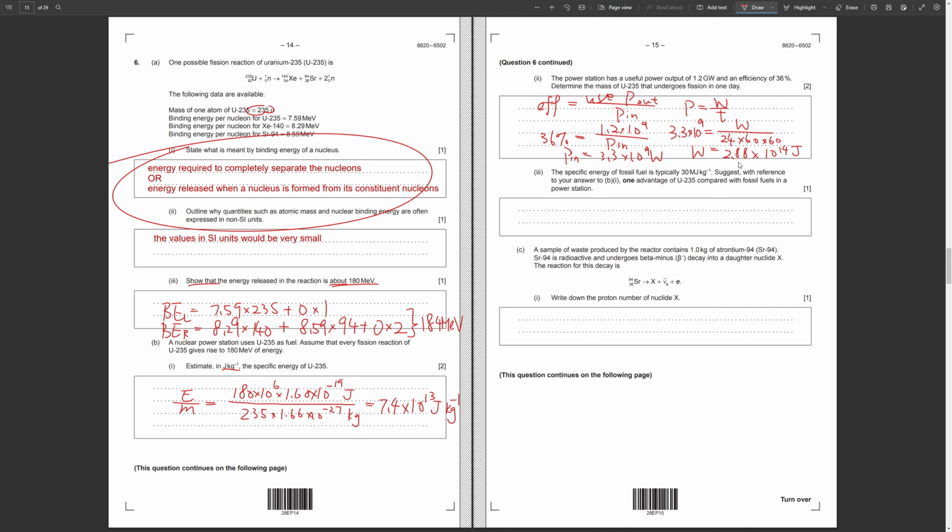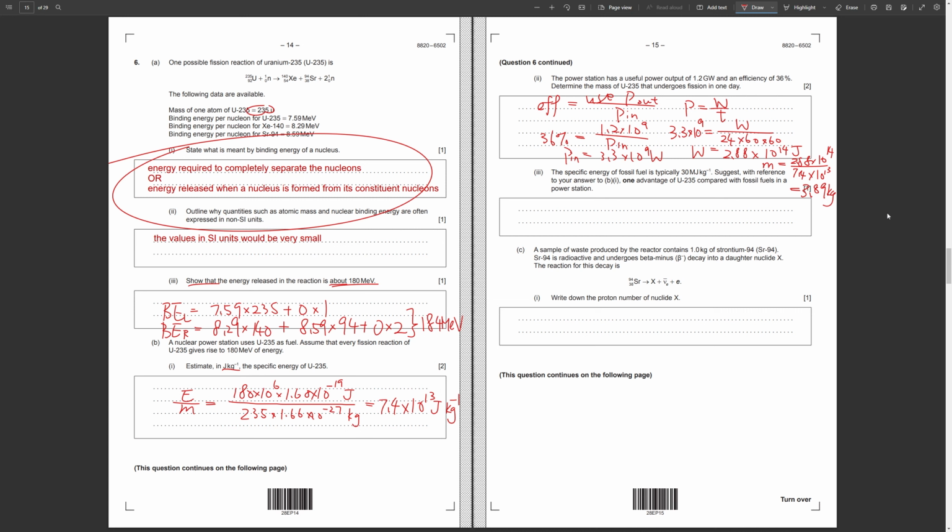And using your answer in part B1, you can convert this amount of energy into mass of the uranium-235 nuclei. So the mass required is after the division, 2.88 times 10 to the power of 14 divided by the answer in part B1. It's 7.4 times 10 to the power of 13. So it is 3.89 kg.